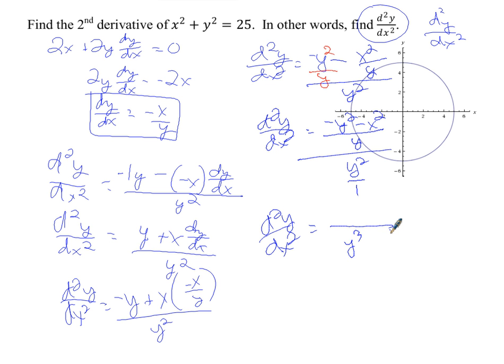Negative y squared minus x squared. Can I factor a negative 1 out of that and make it a little simpler? So I'll put that negative out front like I wanted to in the first place on this problem. So x squared plus y squared. It's looking pretty good, but we're not done. This can be simplified further.